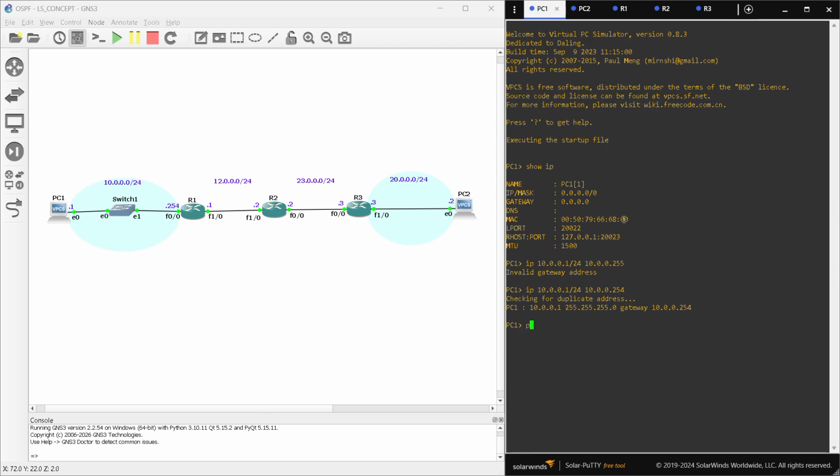From PC1, ping R1's loopback 1.1.1.1. As you can see, it is successful. Let us check R2, 2.2.2.2.